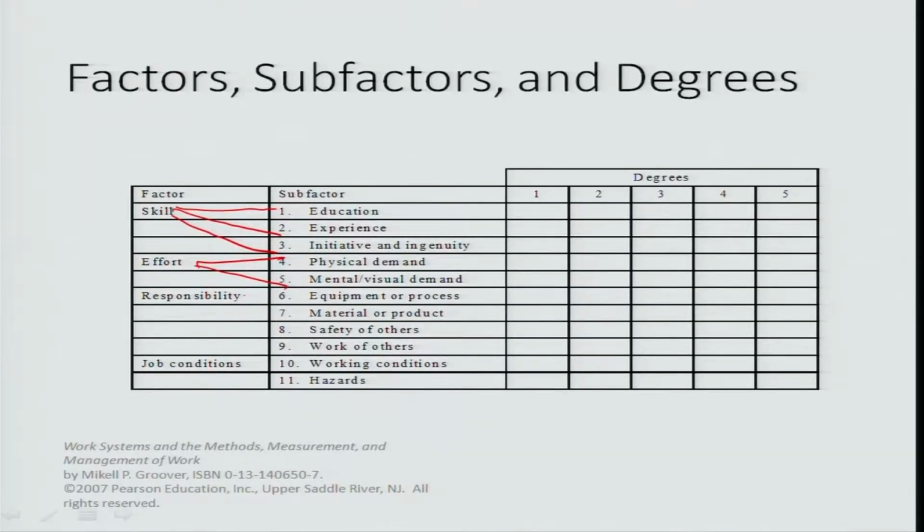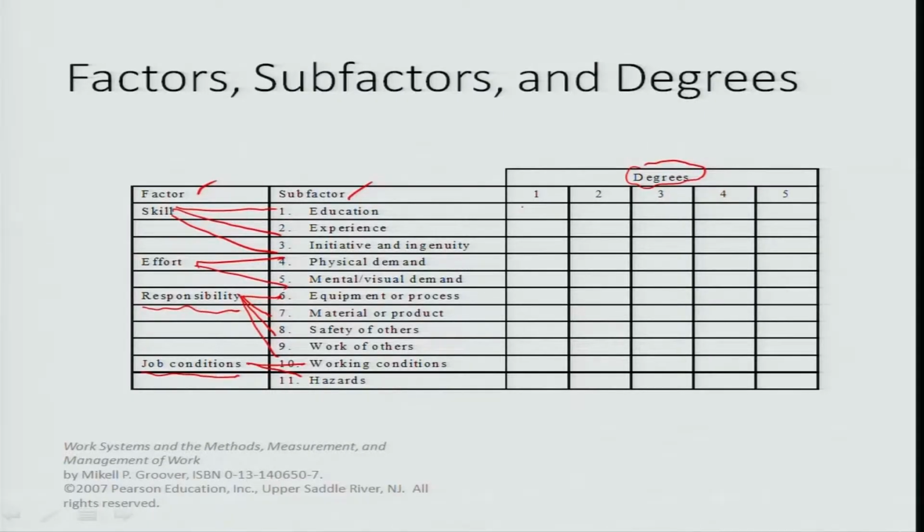Responsibility could be in terms of ability to handle equipment or process, ability to handle materials or products, safety issues, or work of others. Similarly, job conditions could include working conditions as well as hazards. So you associate different degrees with these subfactors, in terms of how much a subfactor will contribute.